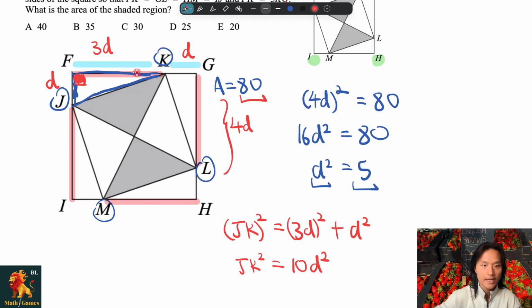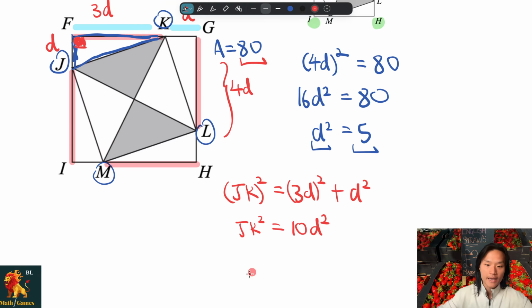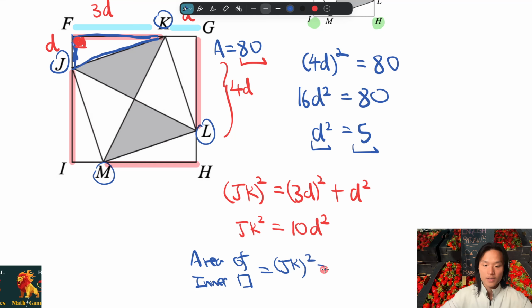Now, JK is the side length of the inner square. So the area of the inner square must simply be JK squared, which is just 10D squared.